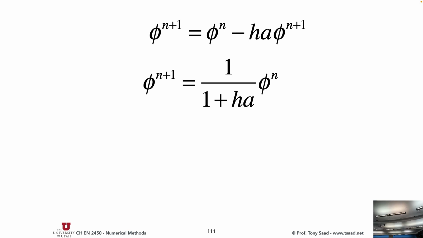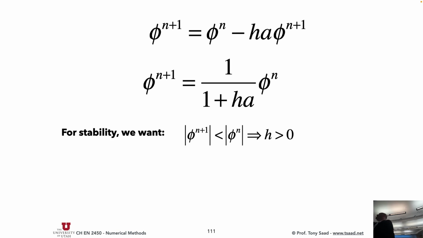And this is always true because h is always a positive quantity, and a was positive in this case, so this ratio is always less than 1. The implicit method, and implicit methods in general, are always stable, regardless of the time step size you choose. Doesn't matter.